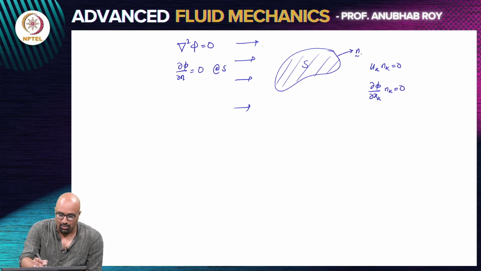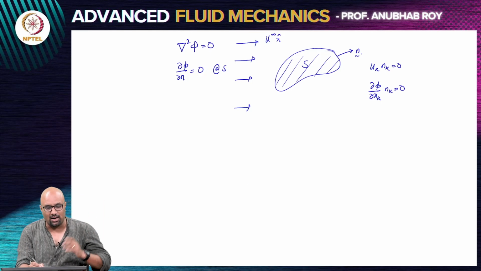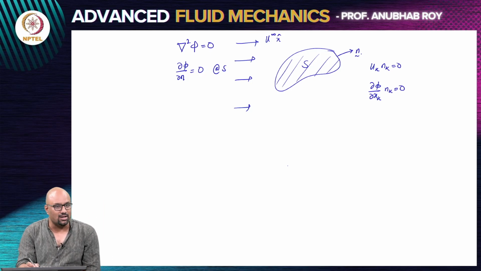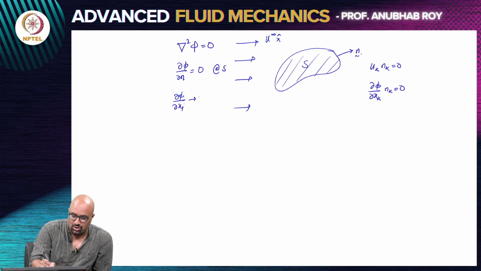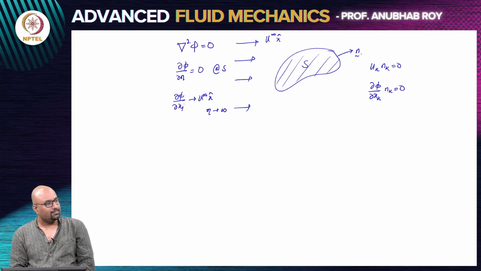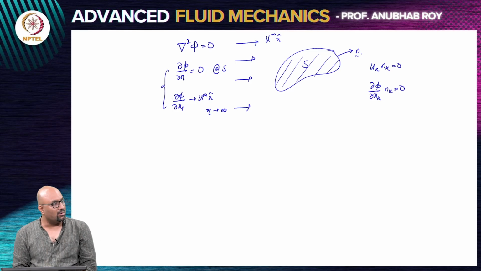And if there is an imposed flow at infinity, if you say that there is a u infinity which is approaching, so u infinity here let us say is x cap. There is some imposed flow that comes from infinity and it is flow past an object. In which case you will say that the velocity ∂φ/∂x_i should approach u infinity x cap as distance approaches infinity. So, these are the boundary conditions that you have in the problem.